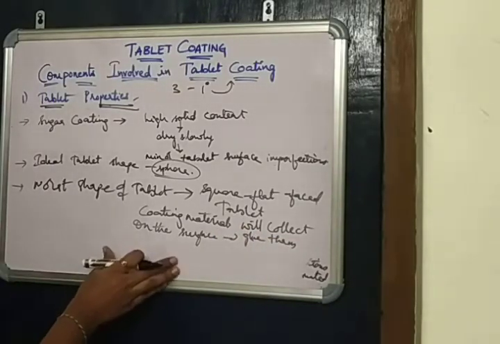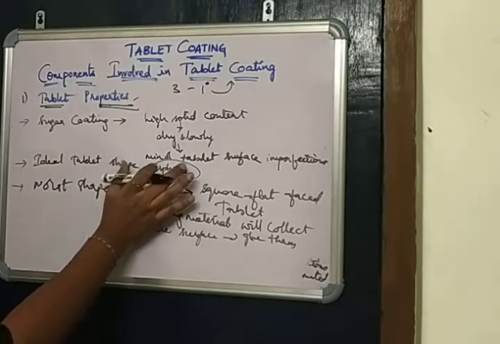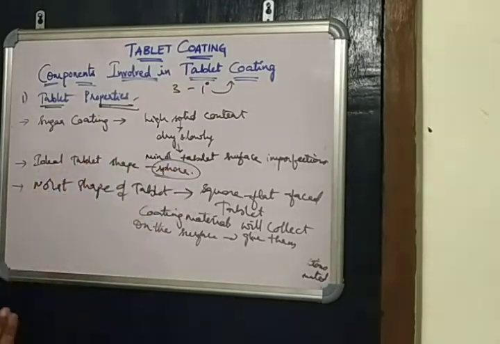For this reason, coated tablets must have a round surface, and a spherical surface is more acceptable.